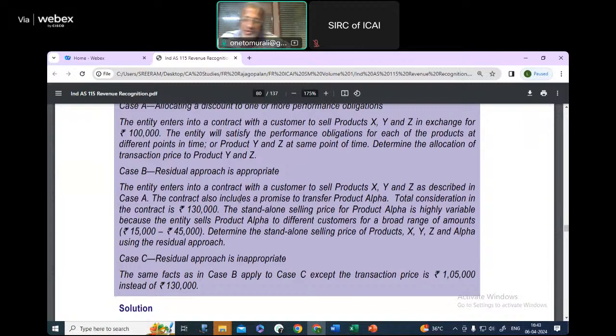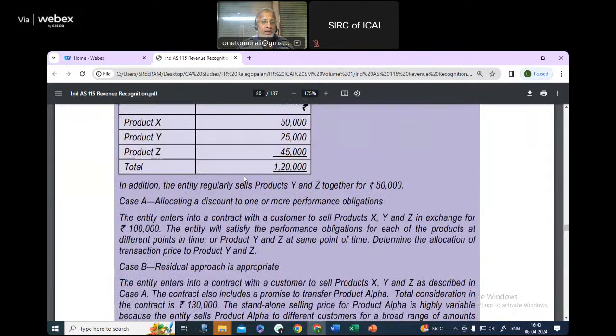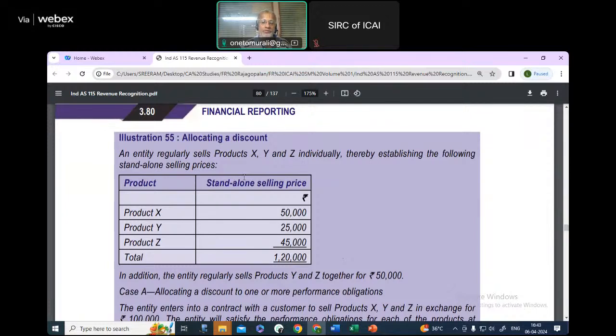So one moment, I will just join. Now, how do we handle this particular case? What is this problem all about? This problem is all about stage number 4, allocation of transaction price to performance obligations.